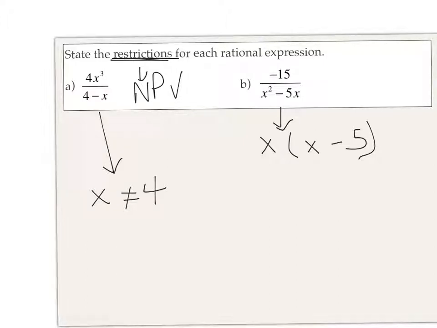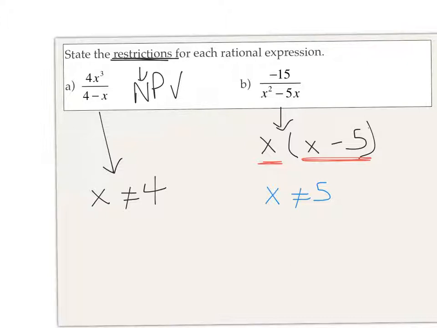So here we have two factors, x and x minus 5. What that means is that we should have two non-permissible values. Does anyone have a guess at what one of them is? 5. Great. Okay, so 5 is one of them. That's the one that goes with x minus 5.